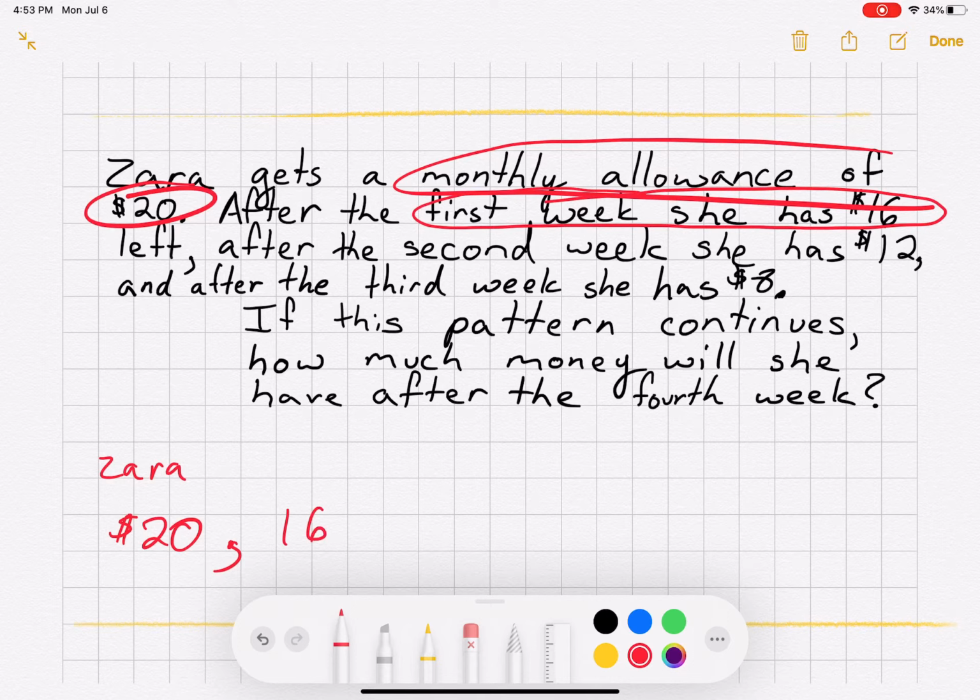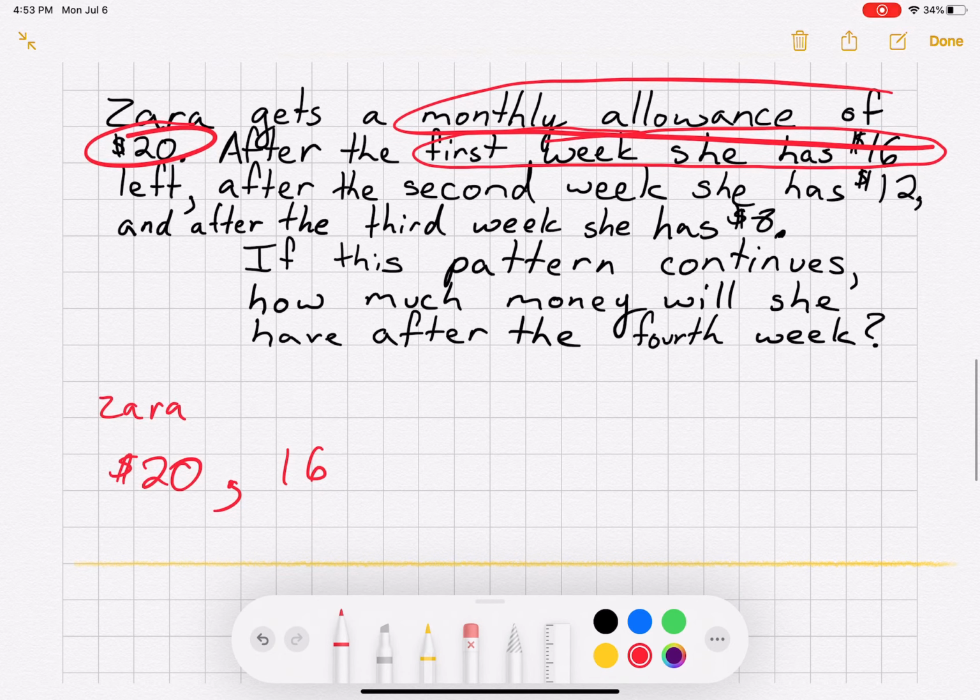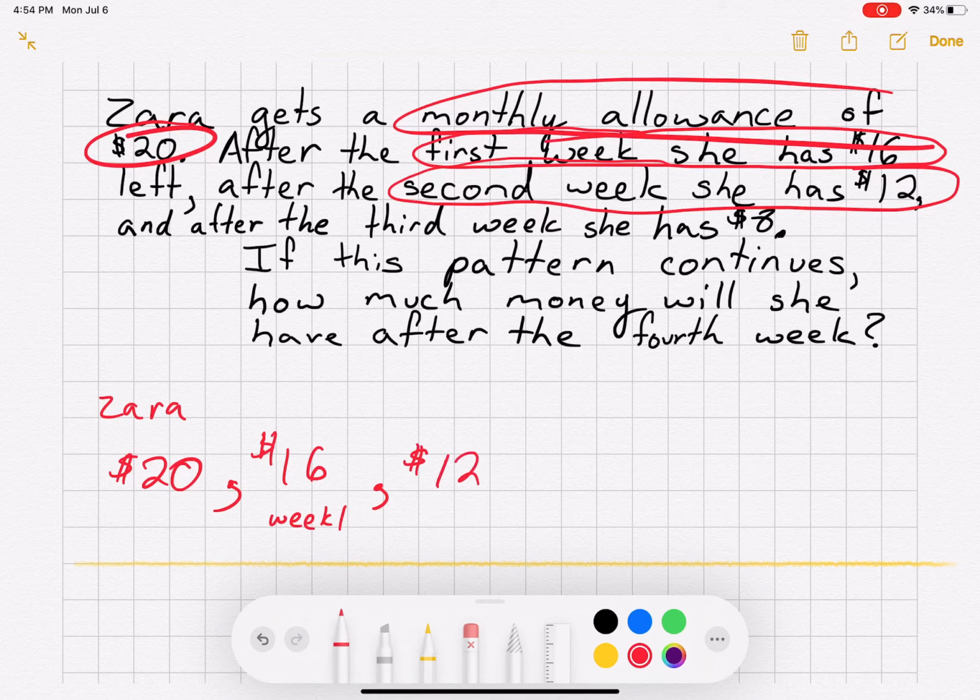So I'm just setting up my problem here. And this is week 1. Then second week, I'm going to circle this here, she has $12 left. And this is week 2. Then after the third week, she has $8 left.